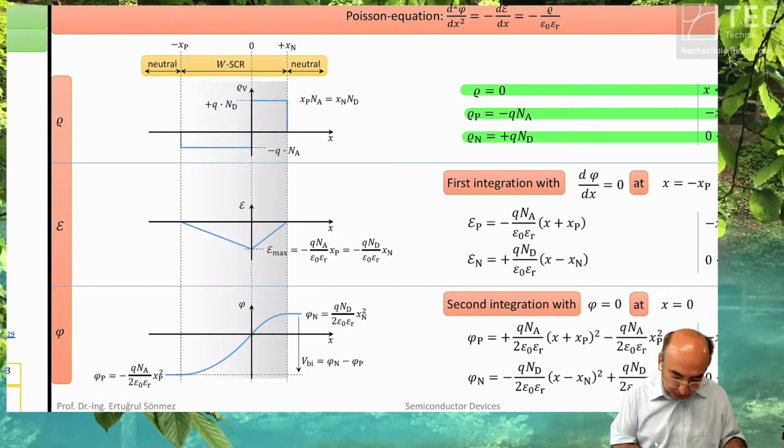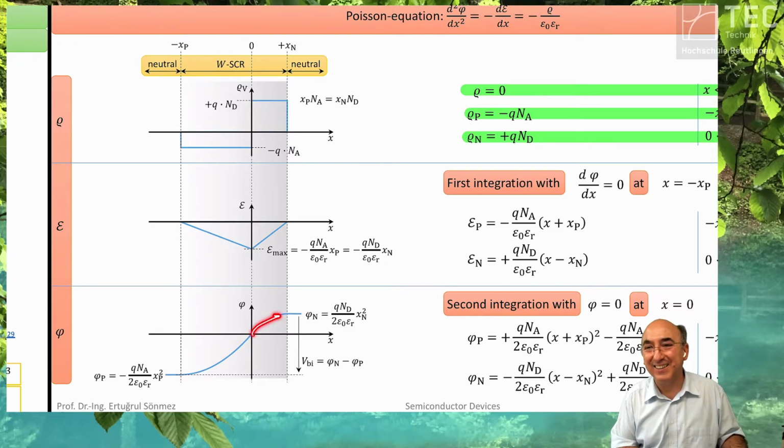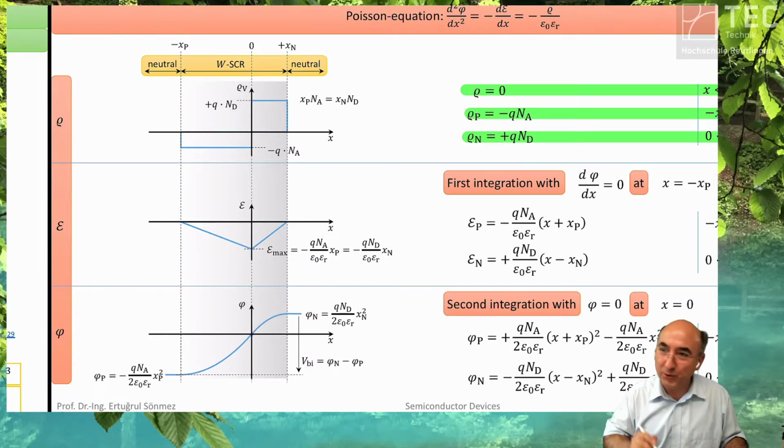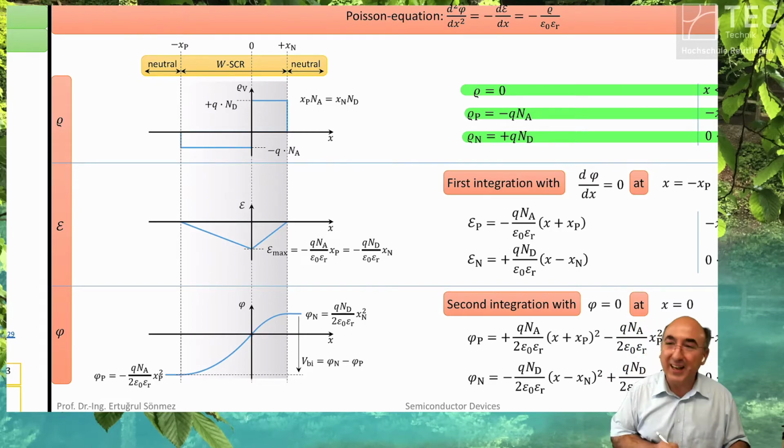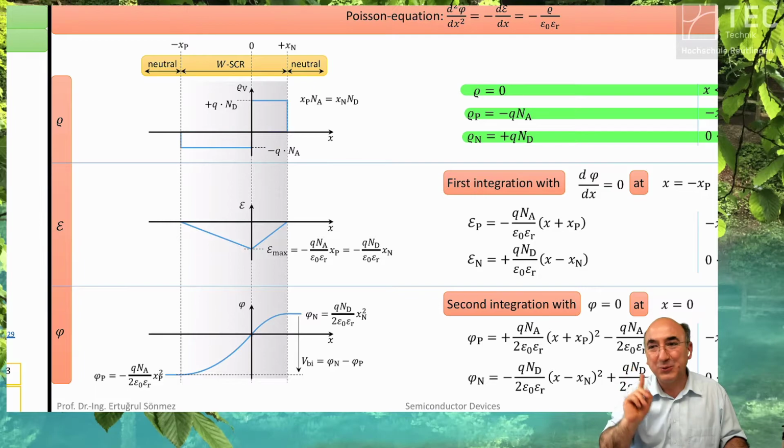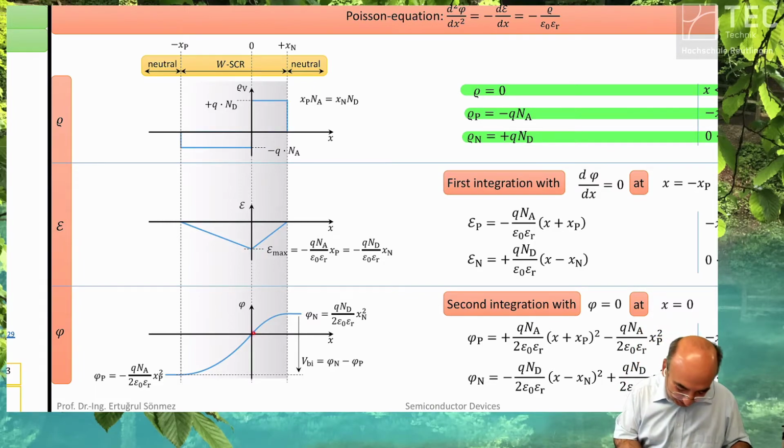And after the integration of a constant slope, we get a second-order, quadratic slope. Yeah, quadratic slope. Okay, thank you very much.